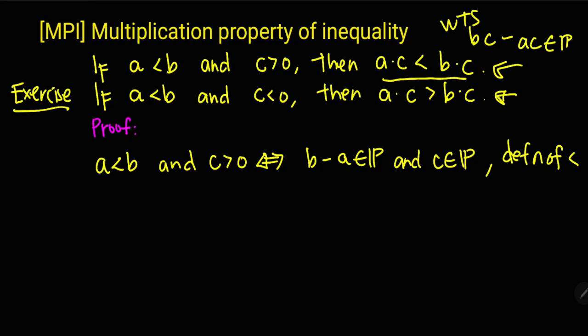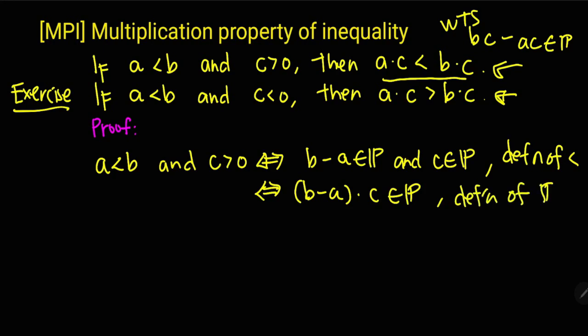But if both B minus A and C are positive, then we can multiply them and the result will still be positive. So this will mean that B minus A times C is still positive. That's the definition of the positive numbers.